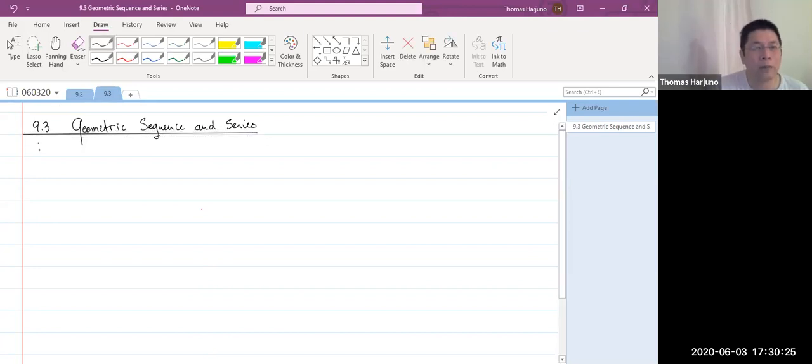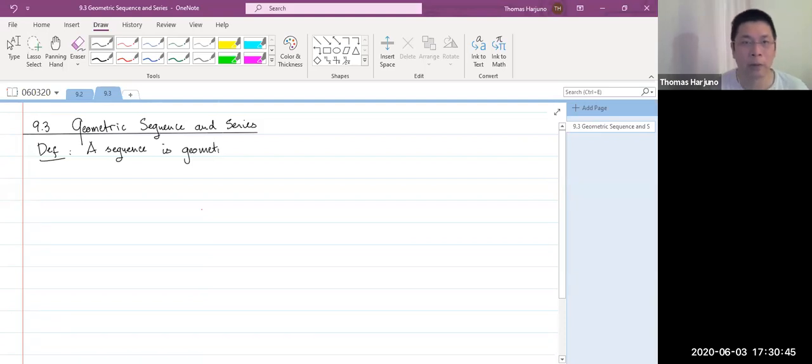Now, definition. A sequence is geometric, and therefore we call it geometric sequence. Sometimes we also call that the geometric progression.